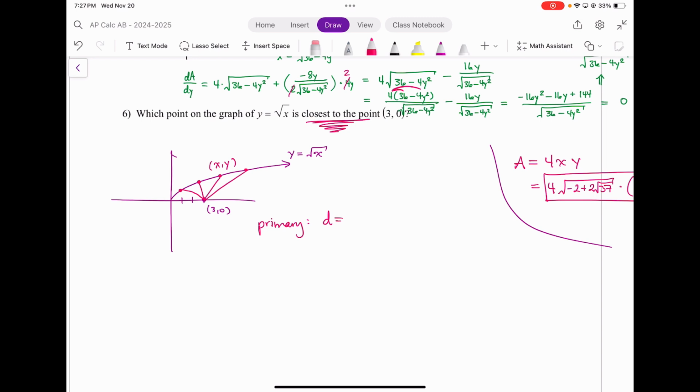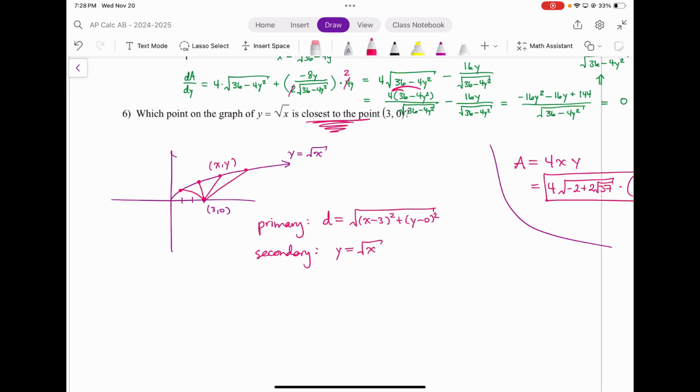D equals, in this case, we're going to have, looks like we could do maybe the square root of (x minus 3) squared plus (y minus 0) squared. And then what is my secondary? Well, you could probably guess. It's the equation of the curve itself, right?